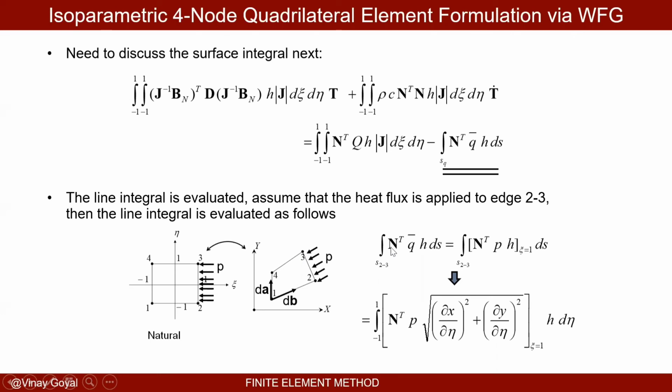So what do I have there? I have N bold transpose q bar h ds. You can see here that q bar is really my heat flux. Sure, I evaluated it. It's a number given to you. And I want to evaluate this integral at c equals 1, which is this edge right here, because that's where the heat flux is being applied.